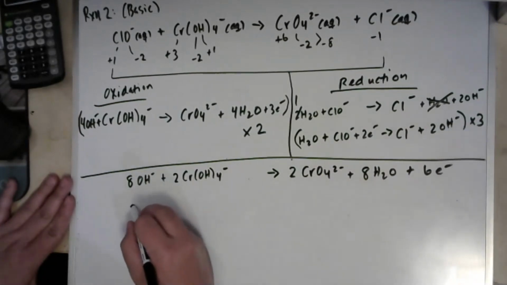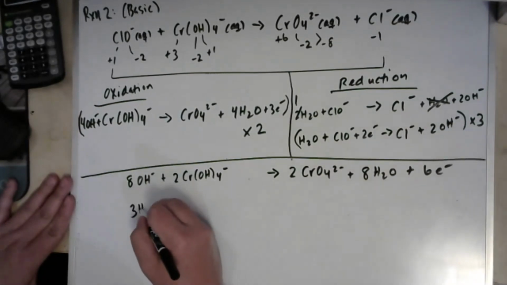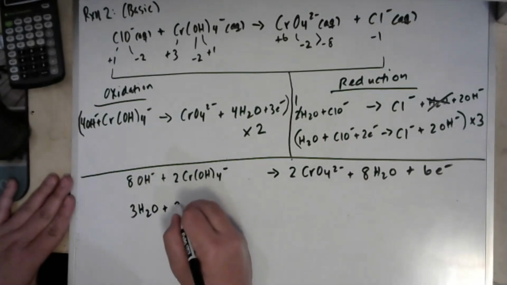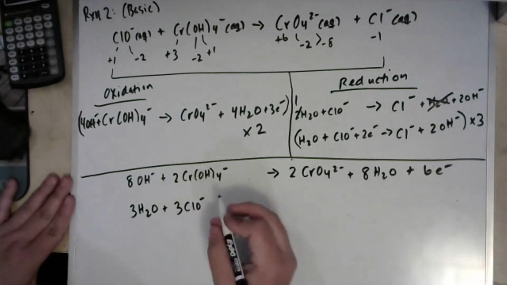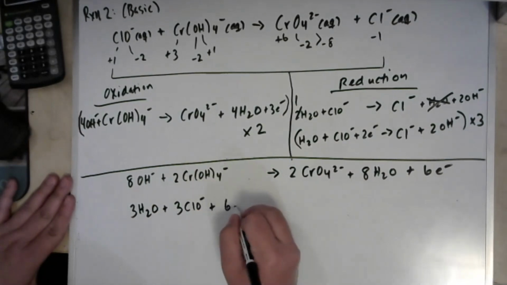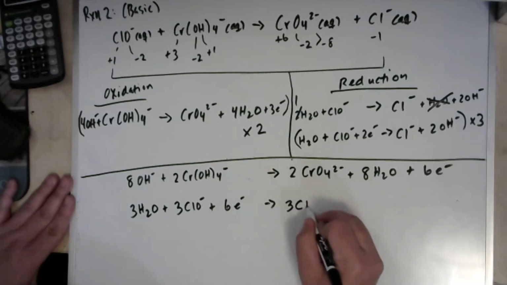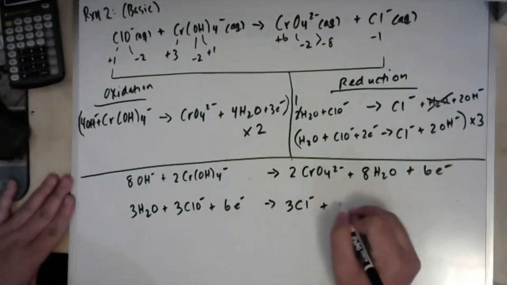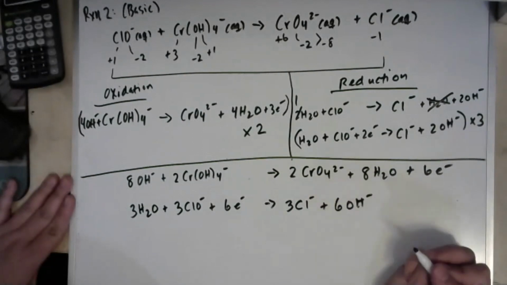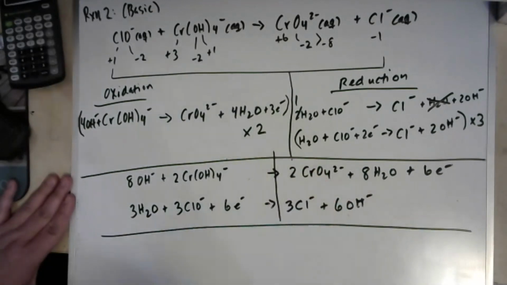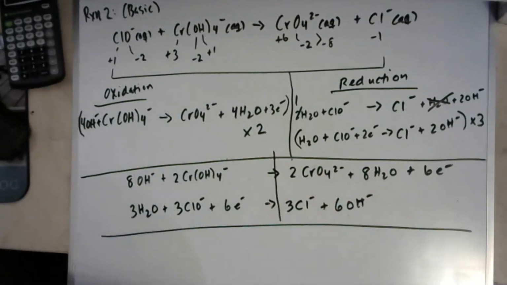This is going to give me 3 of those, 3 of those, 6 electrons, 3, and 6. Okay. So this one's definitely more interesting.